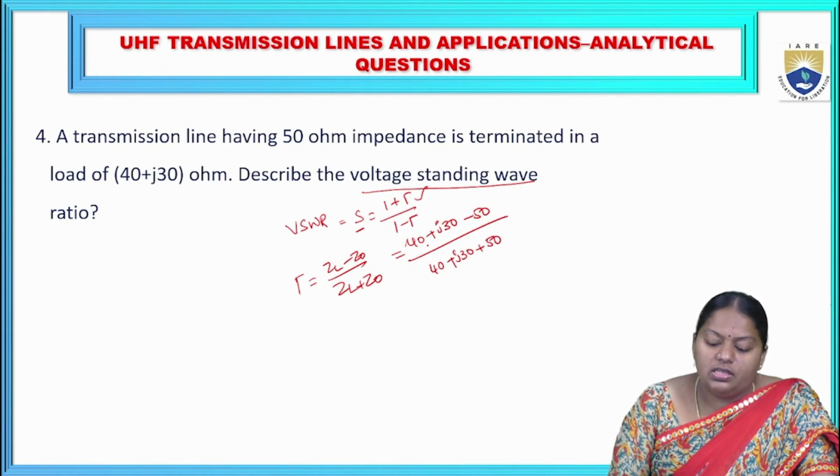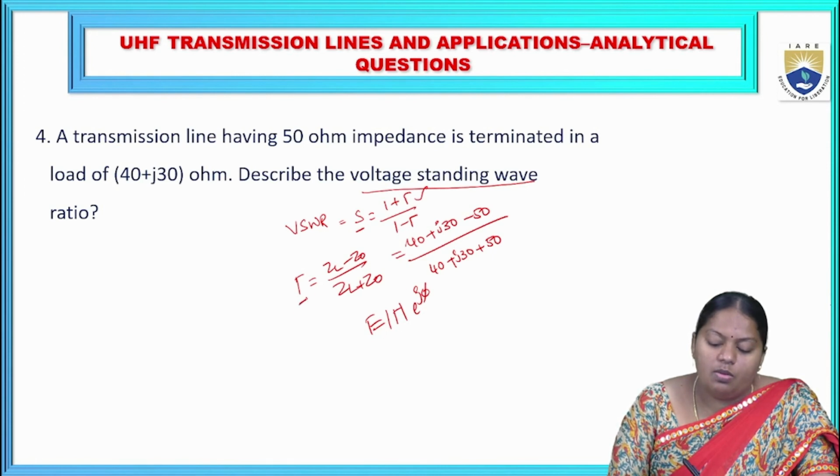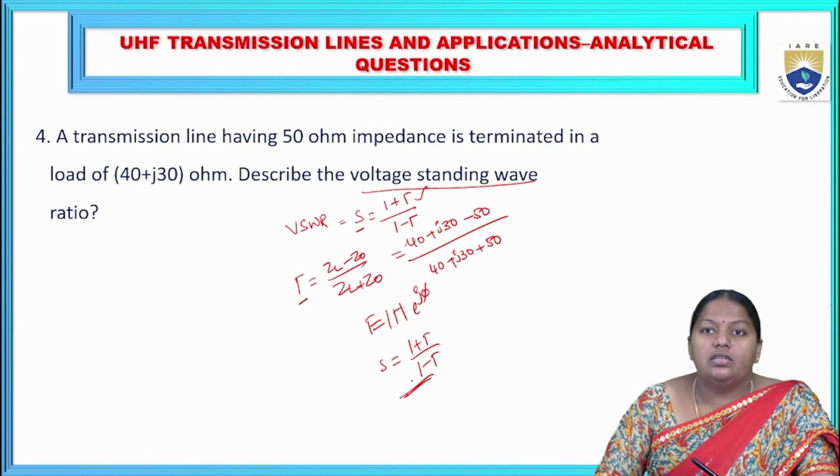Upon simplifying this, we will get gamma equal to modulus of gamma into e power j theta. This modulus of gamma is considered as the gamma for this, and finally S is equal to (1 plus gamma) by (1 minus gamma) is obtained.